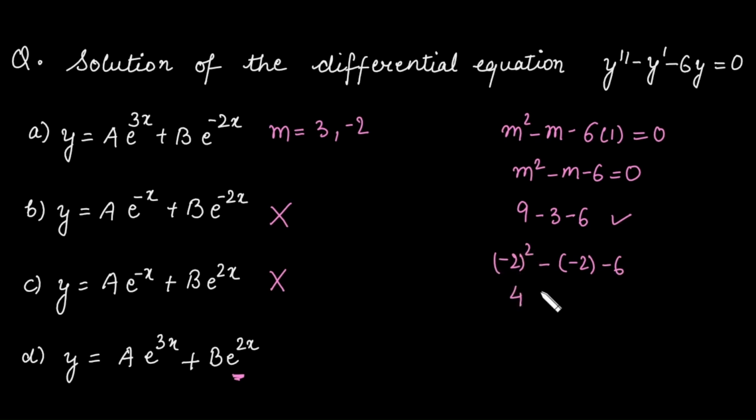So this is 4, minus minus is plus 2 minus 6. So this is again getting a 0. It means minus 2 is the solution of this auxiliary equation, and the corresponding factor of the differential equation is e raised to power minus 2x. And hence the option A is correct.